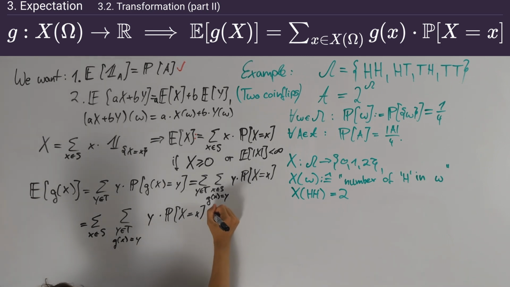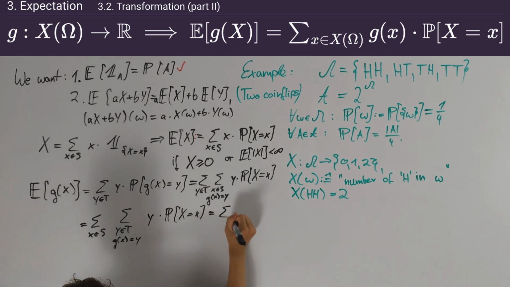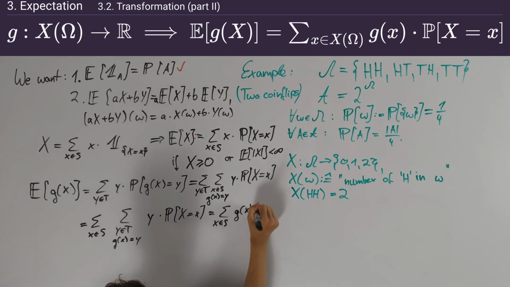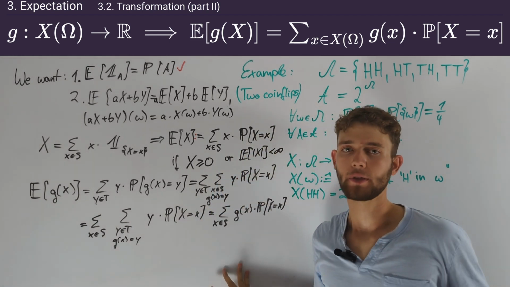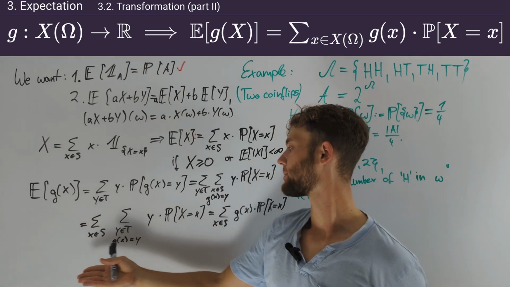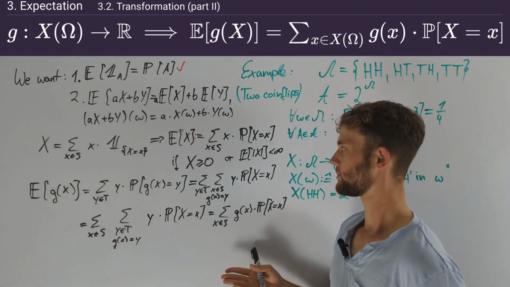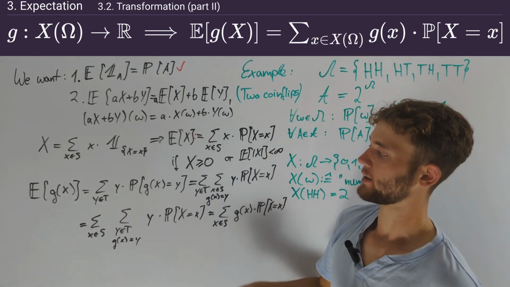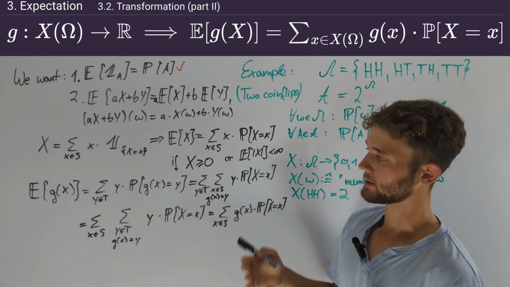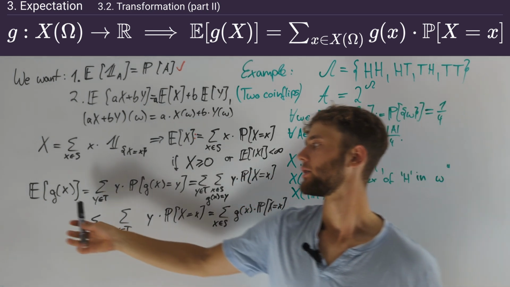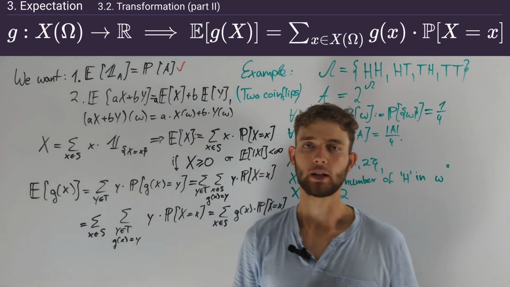So we can just plug this in to obtain that all of this equals the sum over x in S of g of x times P of X equals x. So we have now proven the transformation formula for the expectation of random variables. Let me note that the work I did previously on the expectation of absolute value X was just a special case of this, with g being equal to the function absolute value.